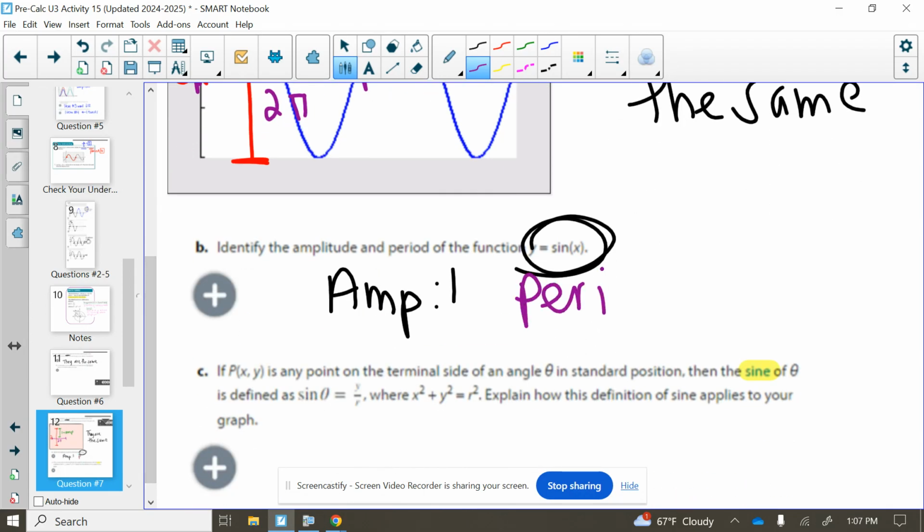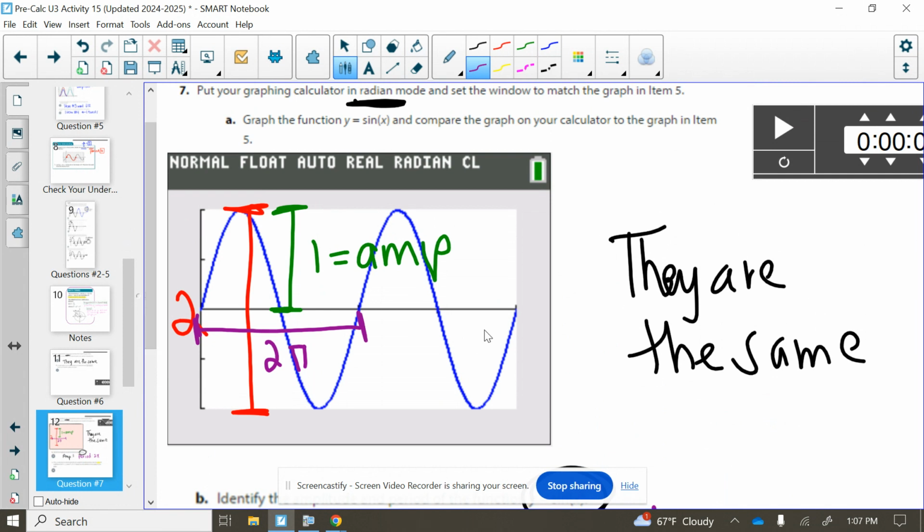So the overall period of this function is 2 pi. Now we will be working a lot more with these in class, but this is then kind of connecting the idea of our parent function sine to our other periodic functions and real life situations.